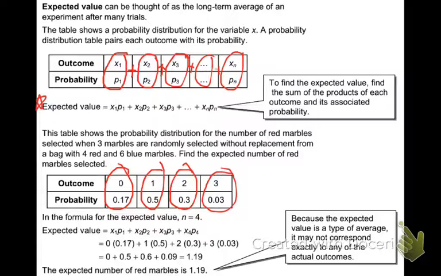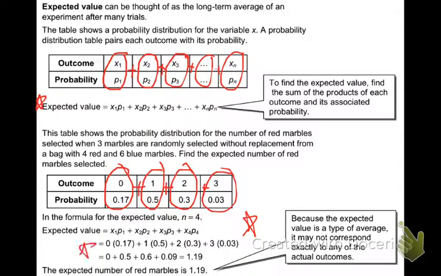So to find the expected value, the long-term average, how many red marbles should you expect to pull out on average if you always pulled out 3 marbles? You multiply the outcome and the probability, and then add them together.